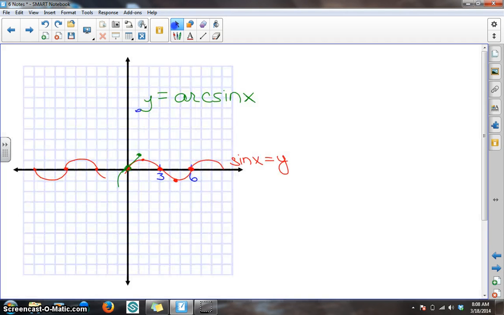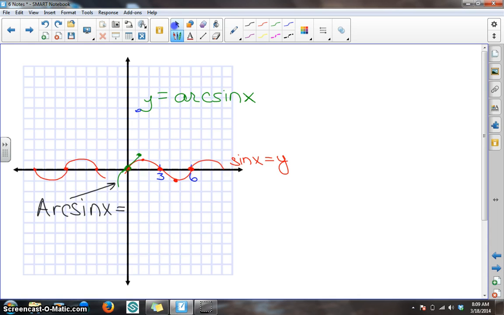And you've got all the answers covered, but now that graph is a function. It passes the vertical line test. Do you see it? And this graph is known as the arc sine graph.